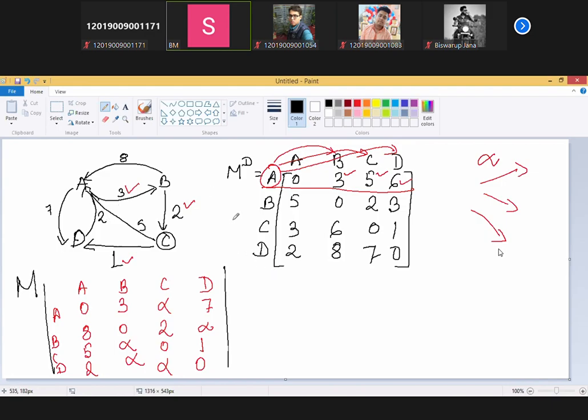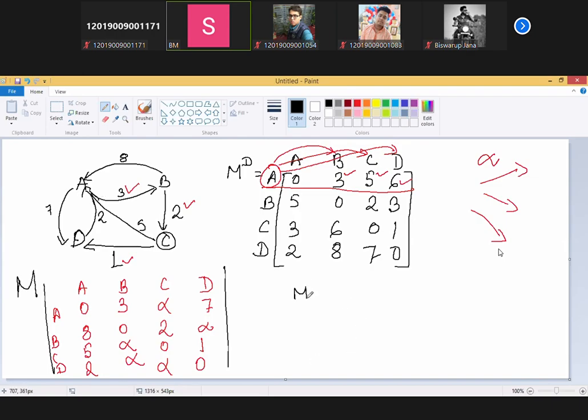What we do in the Floyd-Warshall, every time we fix one node and we try to find all other node distance via that node. That is our mode of operation if we are using Floyd-Warshall algorithm.